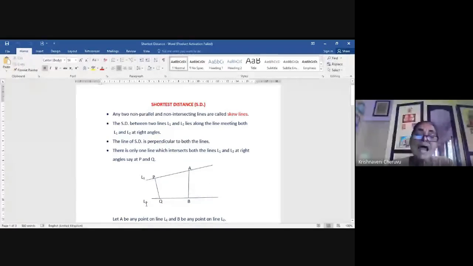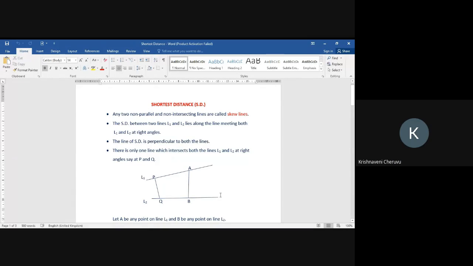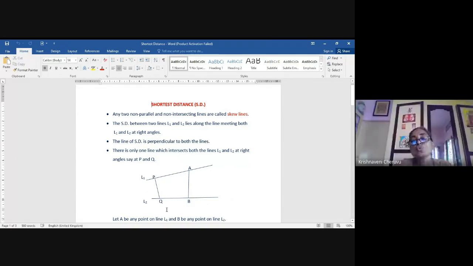The shortest distance between the lines L1 and L2 will be along the line PQ only when PQ is perpendicular to L1 and perpendicular to L2, meaning PQ intersects L1 and L2 at right angles. Under these conditions only can you say that the line PQ, or the distance PQ, is the line of shortest distance or the shortest distance between L1 and L2.